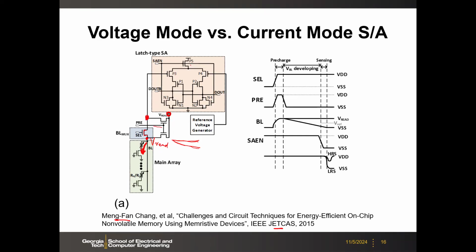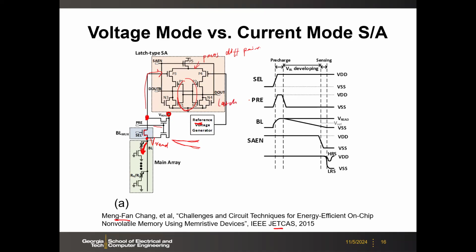And then here is actually a PMOS diff pair, right? So this voltage is coming to here, and then on the other side is a reference. So it's a PMOS pair, and then it's an NMOS latch, a latch-based node.